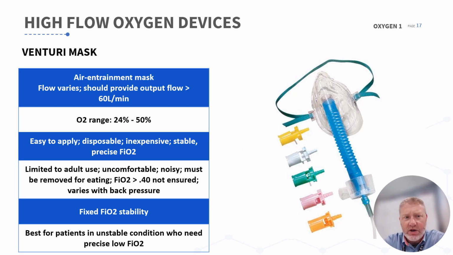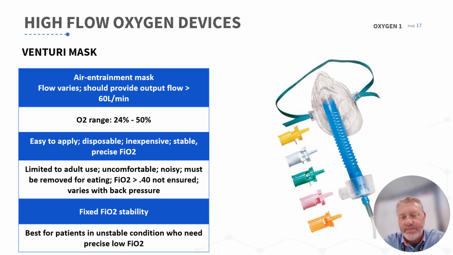Venturi masks are the first of the classified oxygen devices that are high flow. The reason that Venturi masks are high flow is because of the mechanism in these little plastic pieces.